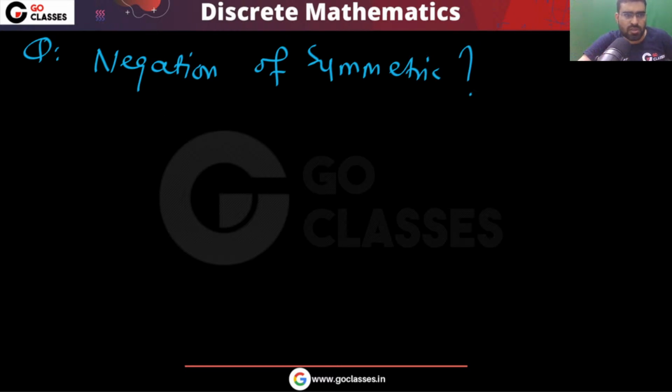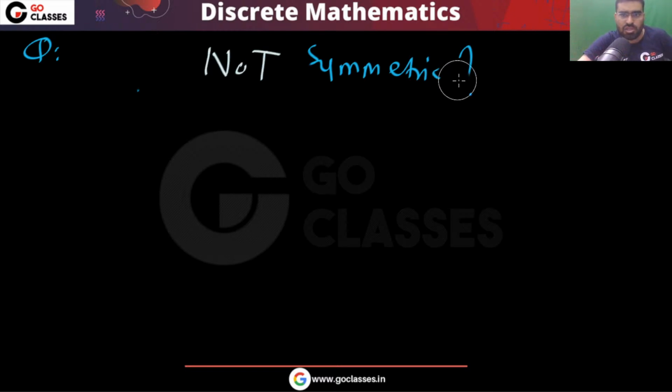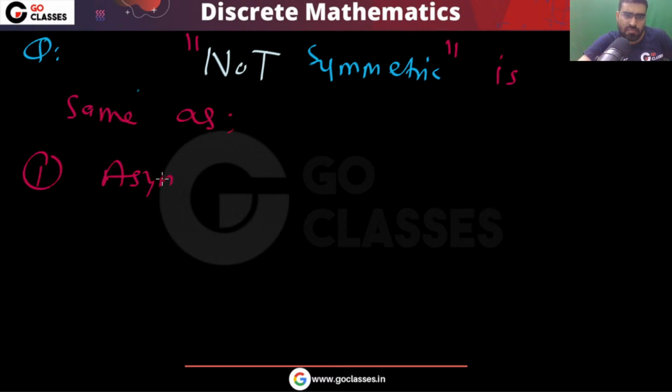If something is not symmetric, can I say it is asymmetric? Can I say antisymmetric?